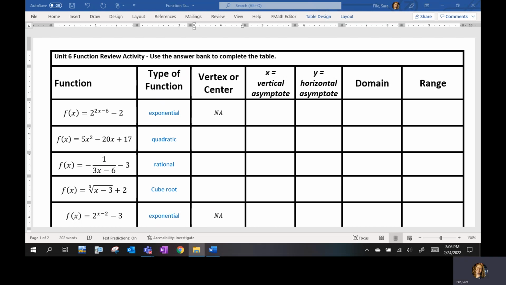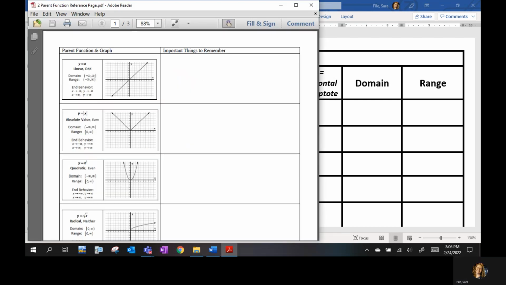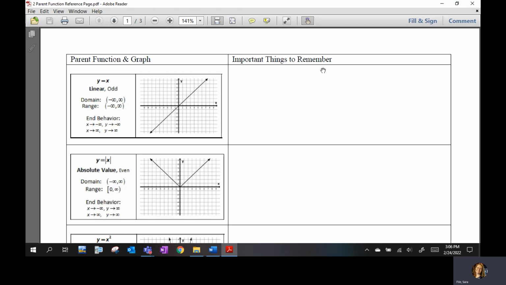Well, oh, here. Here we go. Okay, so you should have a copy of this with all of the important things to remember filled out.